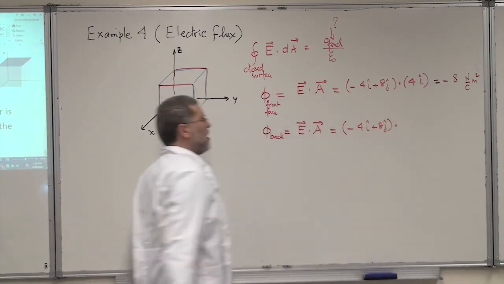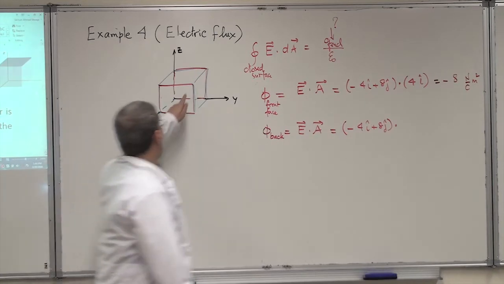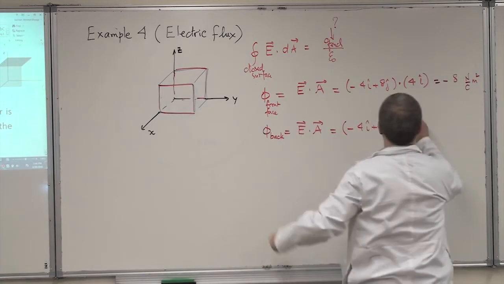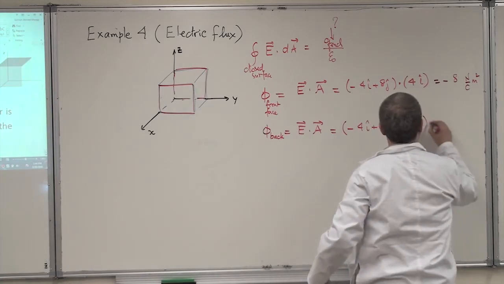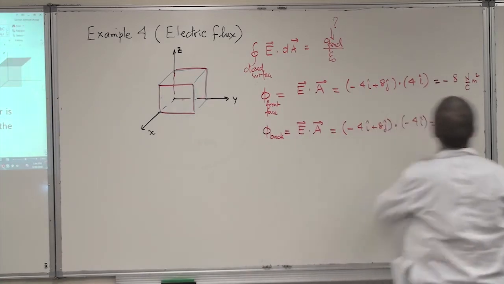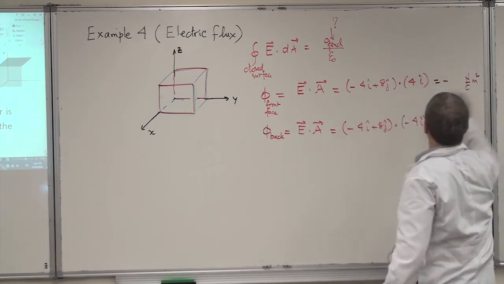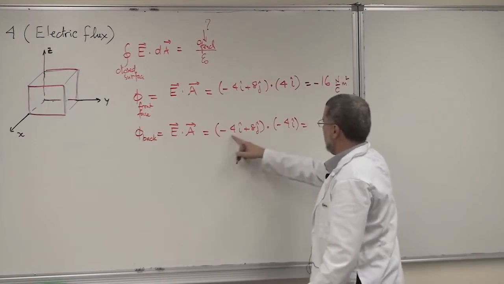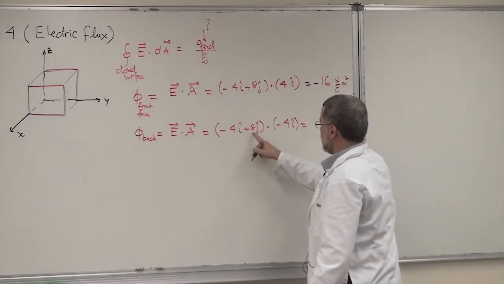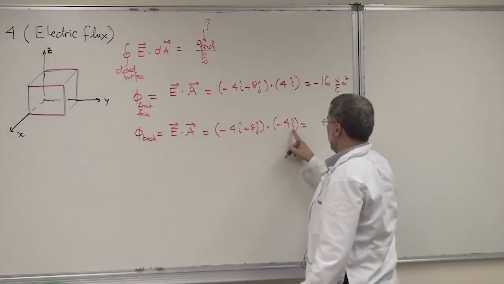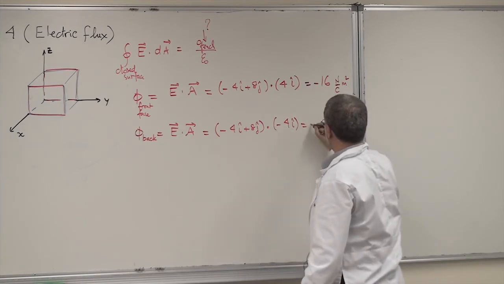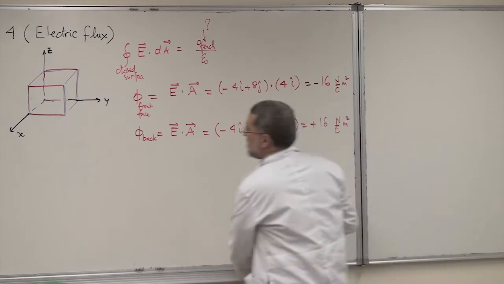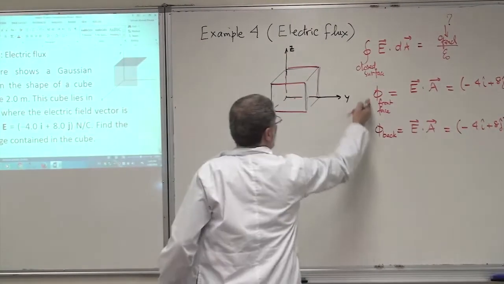The vector E doesn't change, but what changes is the area. For that face, the area is pointing inside, which is minus i. Minus 4i. And this will give me, sorry, 4 times 4 is 16, not 8. I was adding them somehow, but it's minus 16. And here j dot i will give me 0, i dot i will give me 1, and minus 4 will give me plus 16 Newton per Coulomb meter square, okay? That's the front face and the back face.